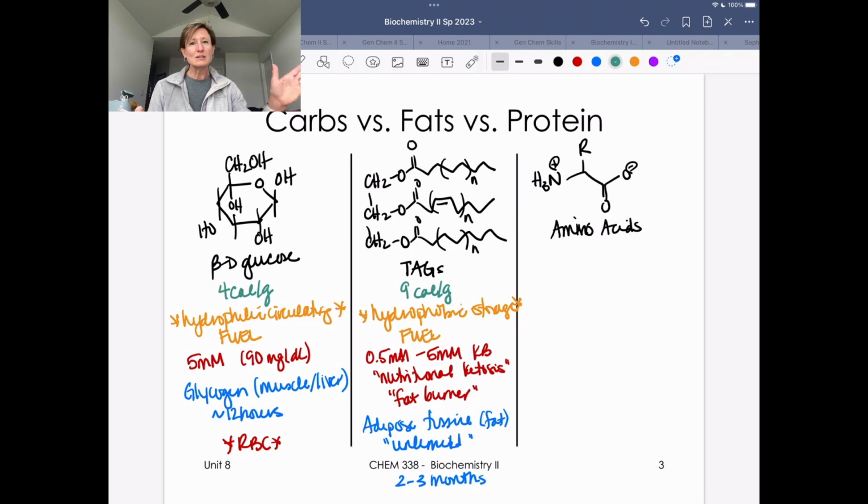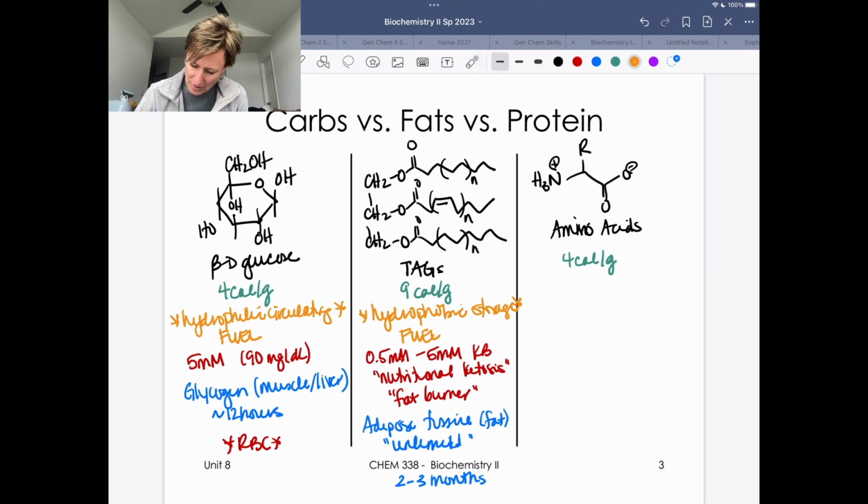Okay, drawing some parallels across here, we are thinking about these being worth 4 calories per gram. And we don't really have physiological levels or concentrations that we need to maintain of these, because they're not intended to be something that's circulating. So we really don't have a hydrophilic circulating fuel or a hydrophobic storage fuel.